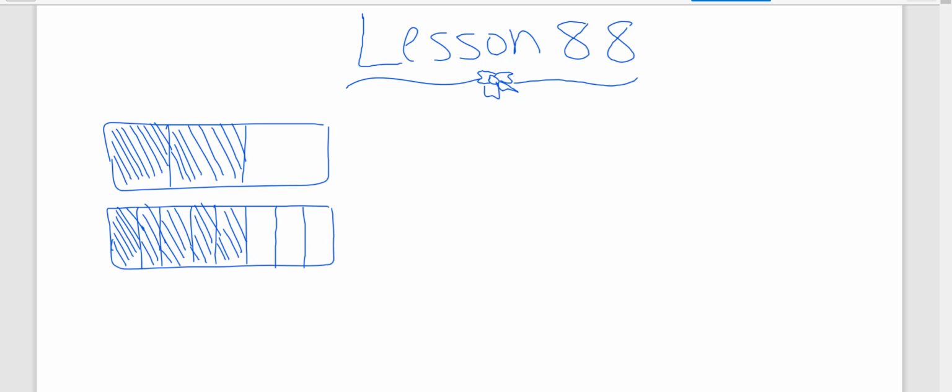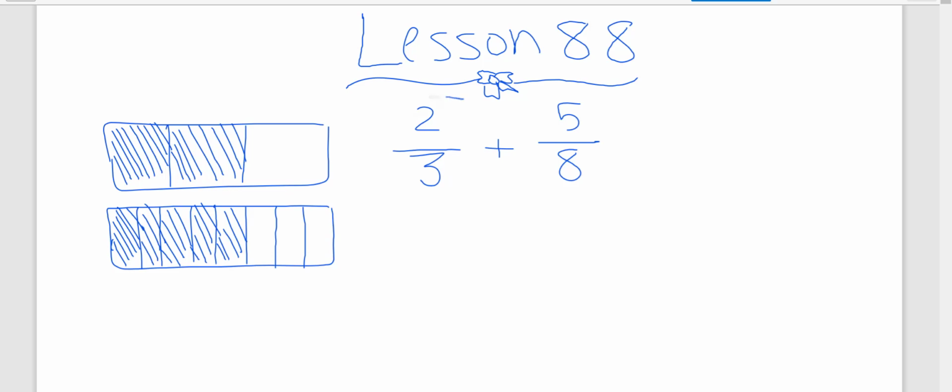Can we add these bars together? First, the fraction of the first bar, 2 thirds, plus the fraction of the second bar, 5 eighths.